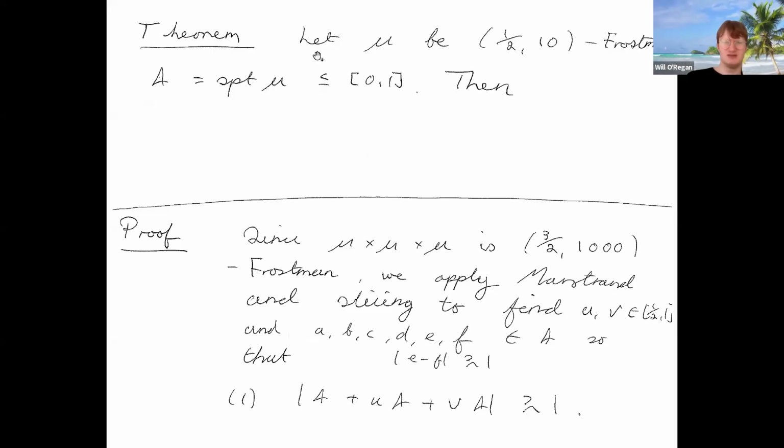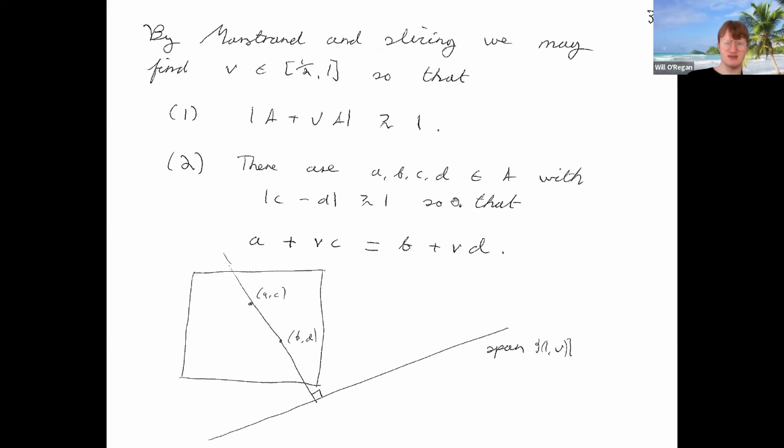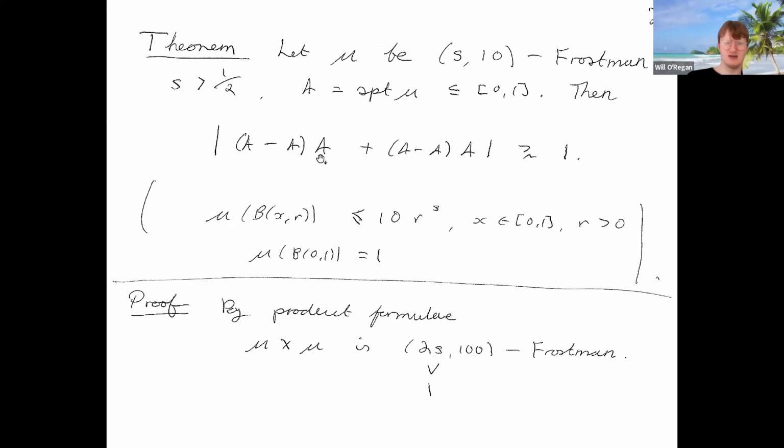But let's go for a new theorem here. Let's consider a half-Frostman measure, and I've rather foolishly completely left out a conclusion there. But all I want to say is that if you start with A and then you beef it up using sums, products, and addition, it's not going to be anything like this, but you can beef it up.